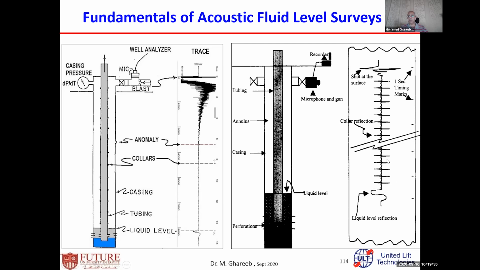For example, if this is 100 tubing joints and the average tubing length is 31 feet, then the depth to the fluid level is around 100 multiplied by 31, which is 3,100 feet. Then this fluid level is 3,100 feet.